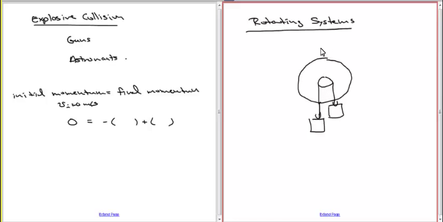So, you have the kinematics part, which is just the 5 variables and the 4 equations, just like we do for linear systems. For rotating systems, you've got this where things are actually happening, and these masses are treated exactly the same as they would be in a Chapter 4 kind of problem.